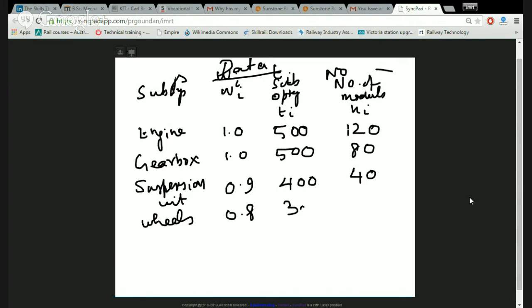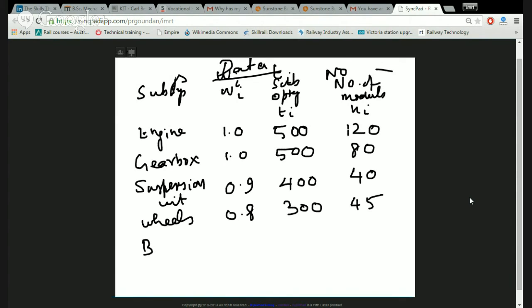It has only 300 hours of operation because the armored vehicle goes to a place, stands there, works for some time, then goes to another place. When it stands there, the wheel has no job. So the wheel's mission time is less than the total mission time of 500. They have allotted 300. It has got 45 parts.